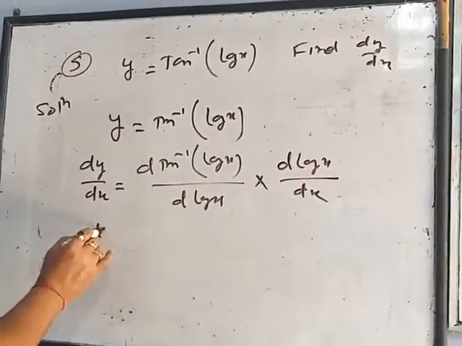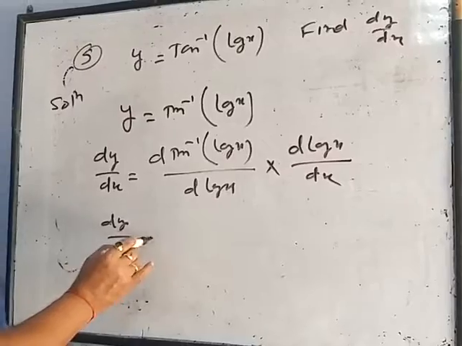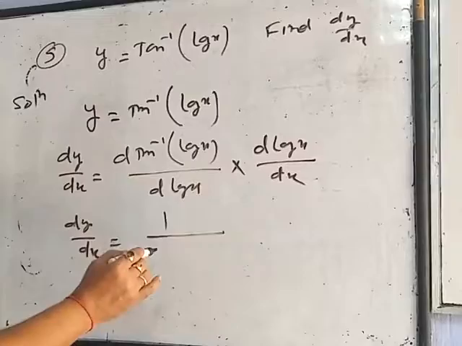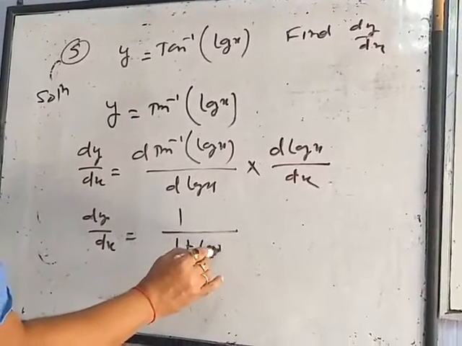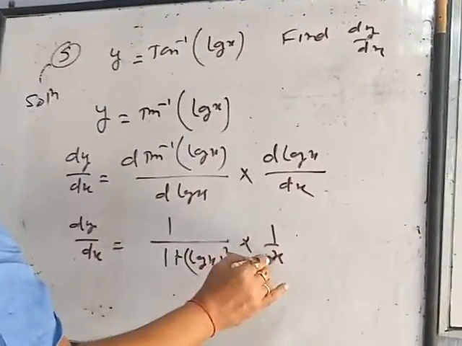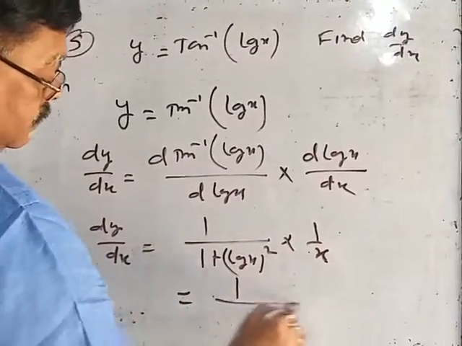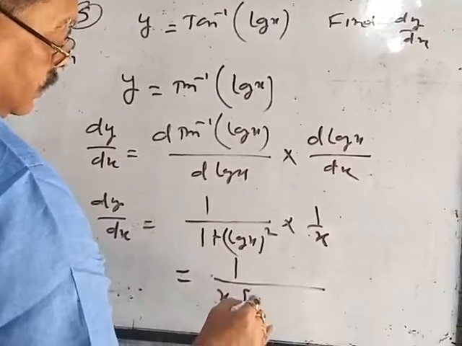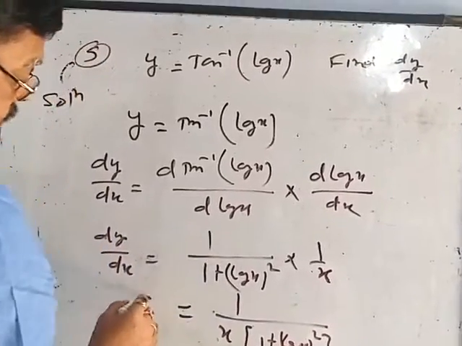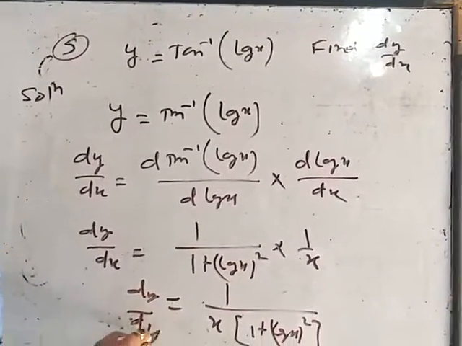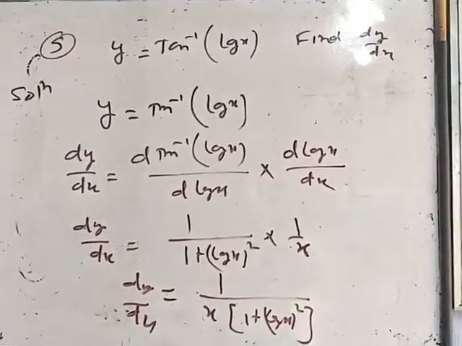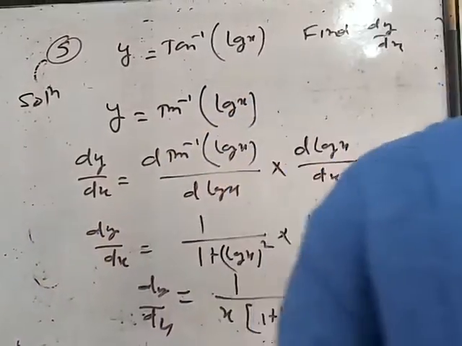So dy by dx will be 1 by 1 plus log x whole square, and d log x by dx is 1 by x. So 1 by x into 1 plus log x whole square. This is dy by dx. These are very simple questions I am taking; gradually, I will go to harder situations, students.